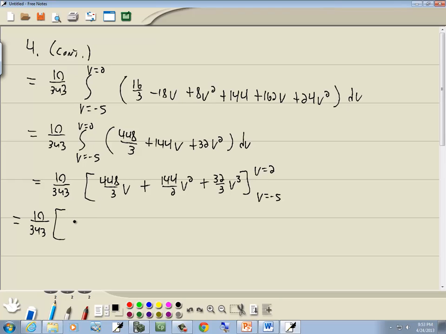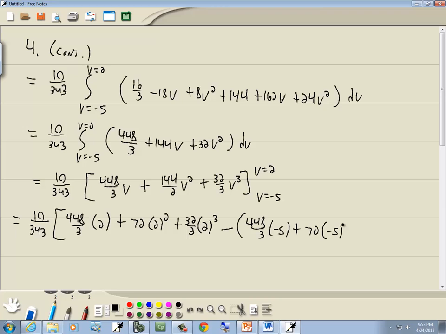But now I'll plug 2 in for V, so I got 448 thirds times 2 plus 144 divided by 2 gives you 72, so 72 times 2 squared plus 32 over 3 times 2 to the third minus, I'll put parentheses around this, and we'll have 448 over 3 times negative 5 plus 72 times negative 5 squared plus 32 over 3 negative 5 to the third.